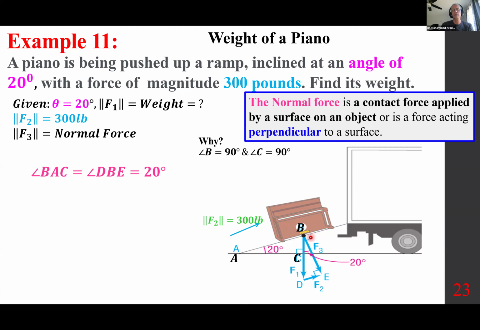Angle B. This angle is also 90 degrees. So if this is 90 degrees, what happens? These two angles must add up to 90 degrees. If this is 90 degrees, these two angles must add up to 90 degrees. If this is 90 degrees, these two must add up to 90 degrees.